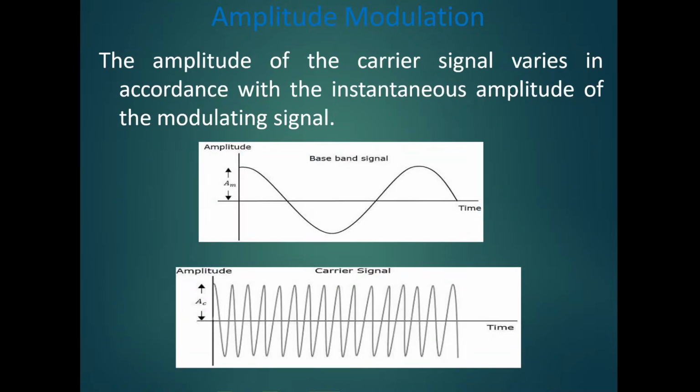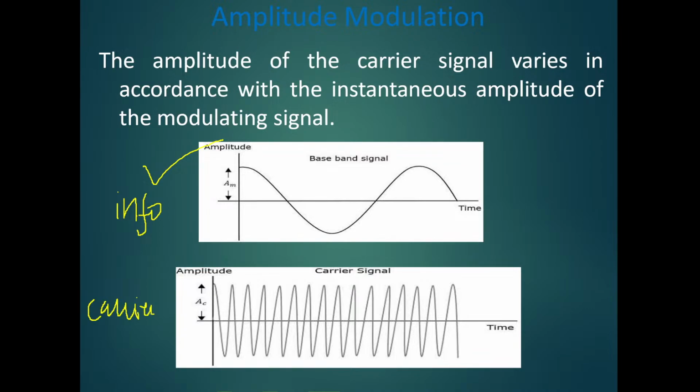Now let's study amplitude modulation in detail. What is amplitude modulation? It is defined as a system in which the maximum amplitude of the carrier wave is made proportional to the instantaneous value of the modulating signal or the baseband signal. You can see there are two signals here. This is the baseband signal, also called our information signal, and this is our carrier signal.